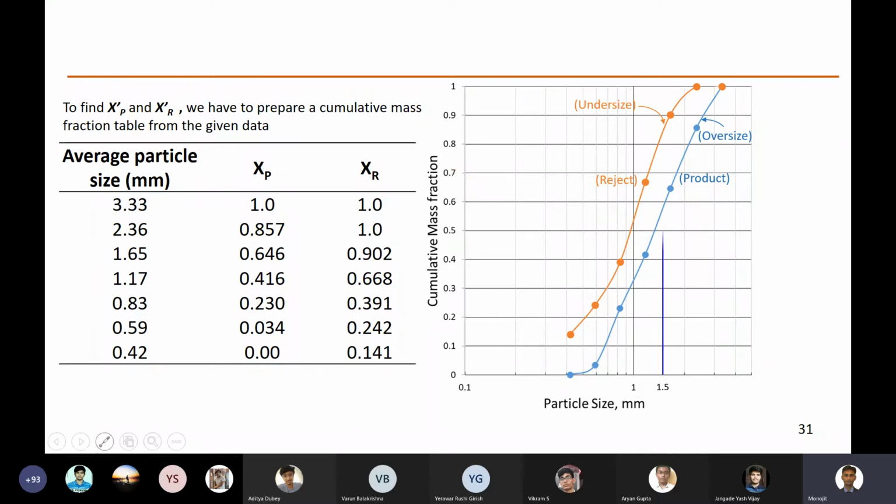Okay, let's draw the line. Let's draw first one line which will hit the product line, and then we try to get the corresponding y value. So what would be this value? Around 0.5 something, 0.59 or 0.58.